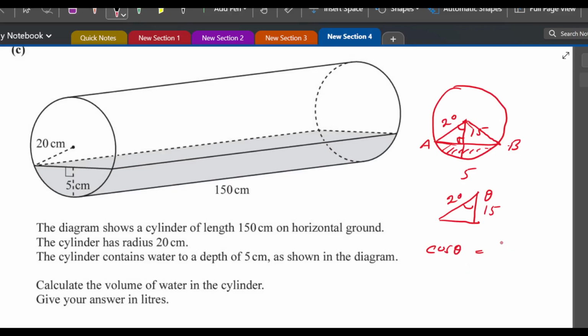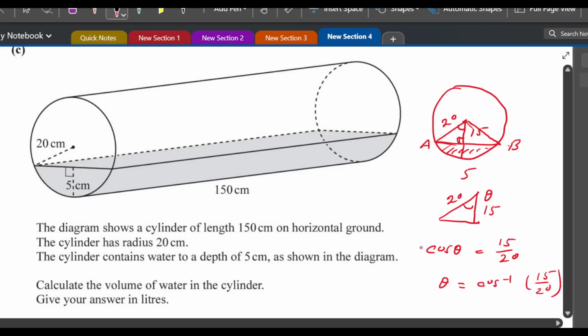Your cos theta will be 15 divided by 20 and hence your theta will be cos inverse 15 divided by 20, right? Now once you know this angle theta, this whole angle is 2 theta at the center.